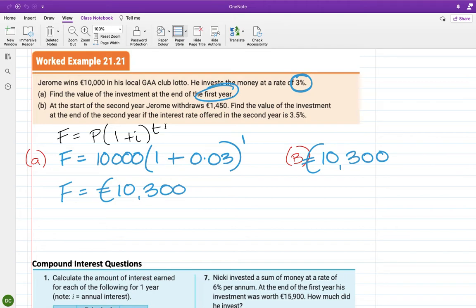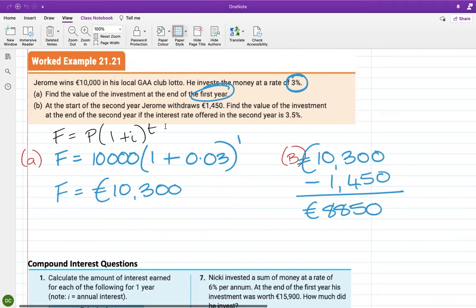He withdraws or takes out €1,450. So that means his total is going to come down to €8,850. So that's how much money is left in the bank. He's going to invest that money for another year.